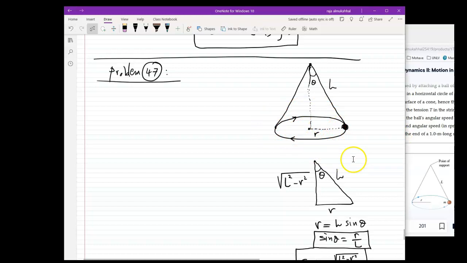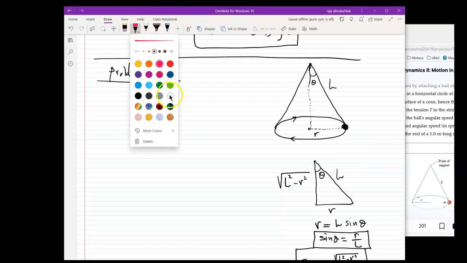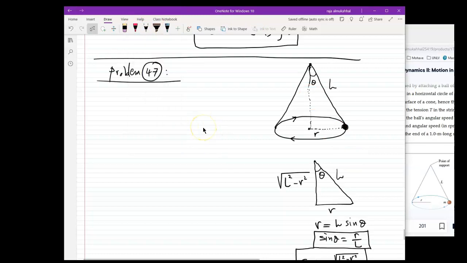Well, let me put it in a different color, I'll put it in pink. There is a tension T coming out of the string like this. And of course there is the mg, the weight of the ball. Those are the only two forces that I can think of.